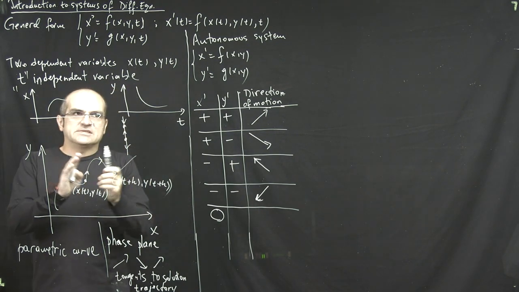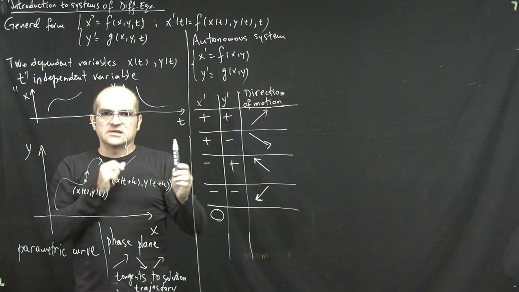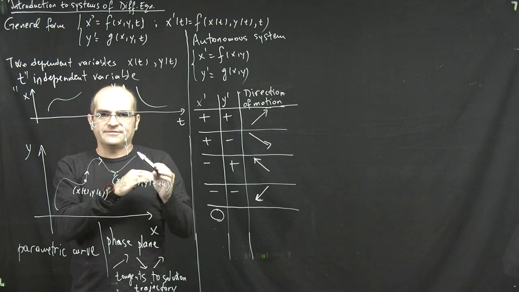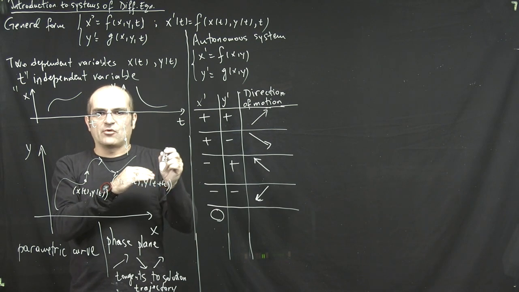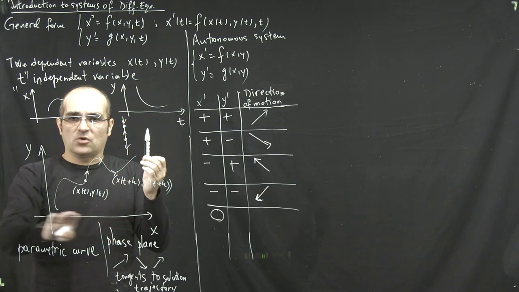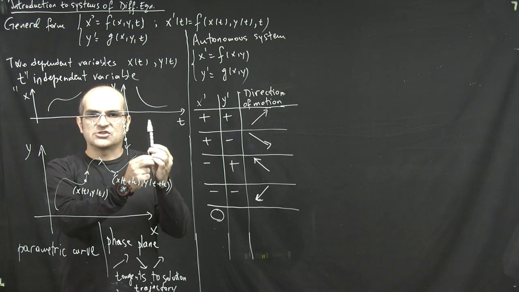Well, if x prime is 0, it means x won't change at that point. So the motion is neither right nor left, but it can be up or down, depending on the sign of y prime. So basically you have vertical arrows. Again, it's vertical simply because x is on the horizontal axis, and x doesn't change, so there's no left and right movement, just up and down.